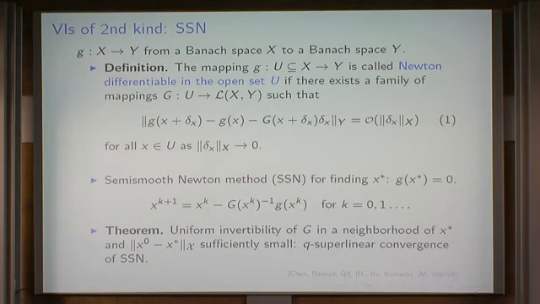Now, the Newton method, which arises once I have such a derivative, is the usual one, I would say, pattern-wise. It looks like a classical Newton's method. What we do is, we would like to find a solution X star such that G of X star equals 0. You start with some initial guess X0, and then you just iterate as you would expect it.